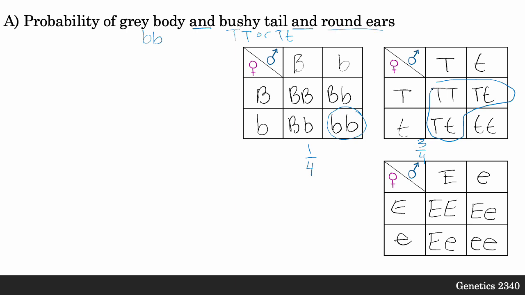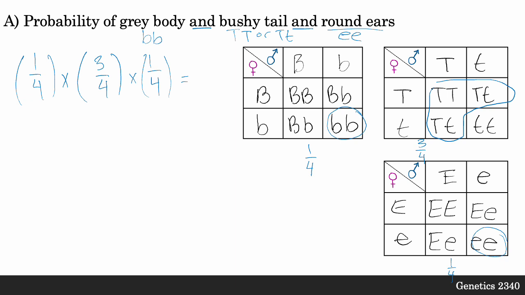And then round ears, which is only small e, which is 1 over 4 probability. For the multiplication rule, you multiply the 3 different probabilities, or as many traits as there are, so it'll be 1 over 4 times 3 over 4 times 1 over 4, which gives top times tops and bottoms times bottoms, which is 3 over 64.